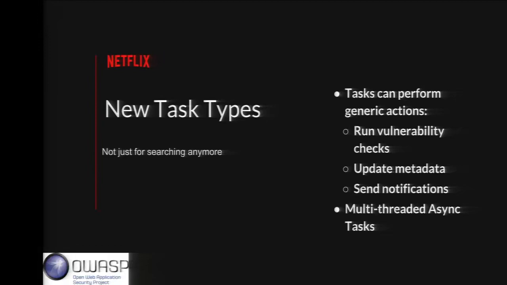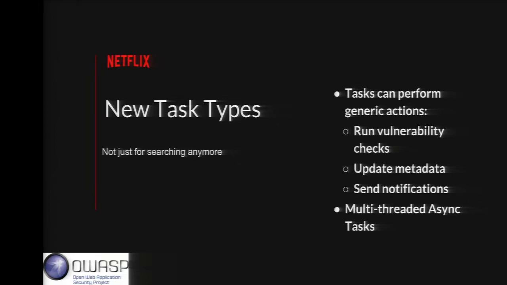The next change is the new task types. Originally, when I talked about Scumblr 1.0, we were discussing how the first version was limited pretty much to searching the internet, searching different data sources and pulling results in. That's what the tasks could do. In fact, they were called search providers in the 1.0 version.